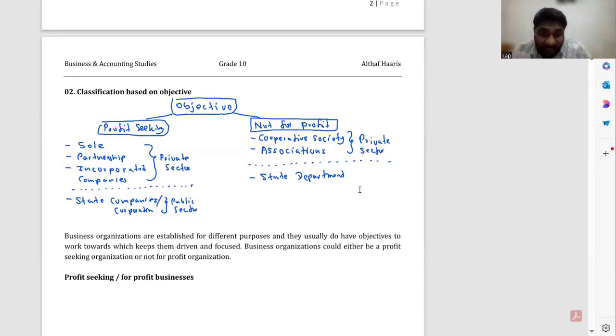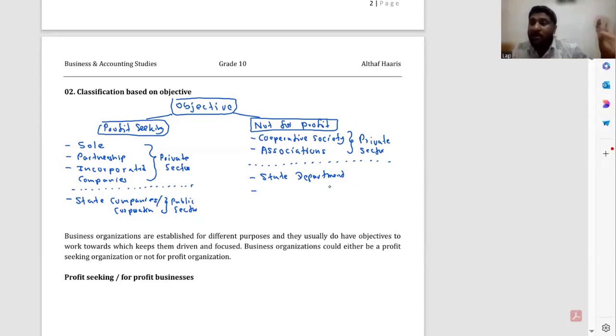And there are certain state companies. People, remember, state companies can be there for profit seeking purposes. Not-for-profit state companies are also there. I will teach you. State company means government companies. Certain companies are there in the expectation of generating profits, like CPET, Sri Lanka Petroleum Corporation.